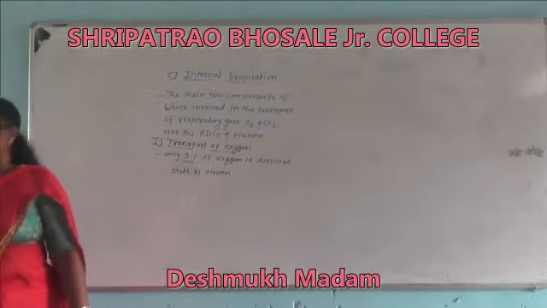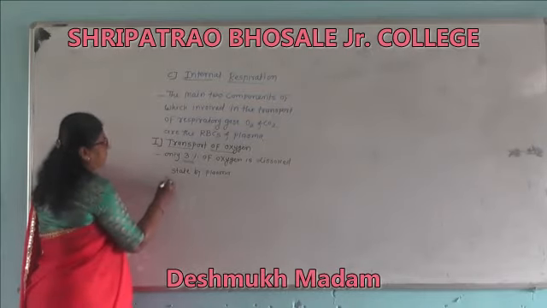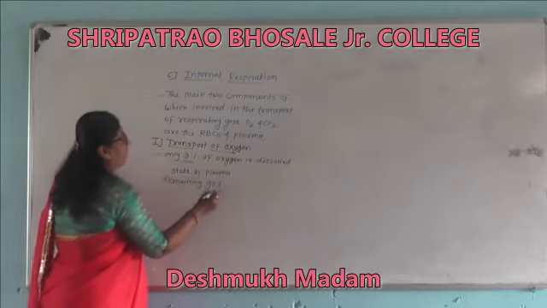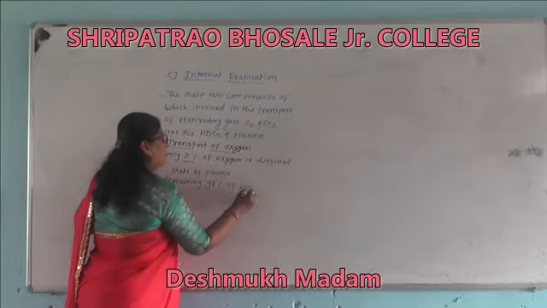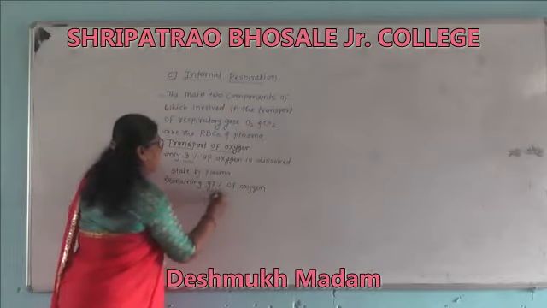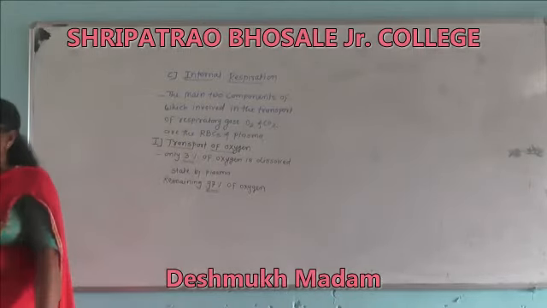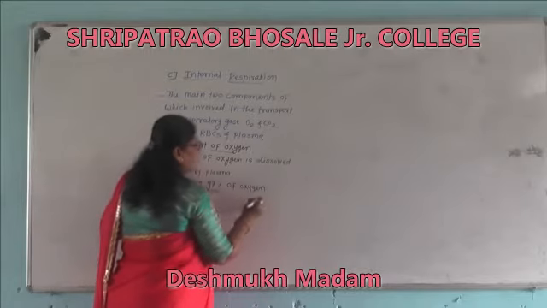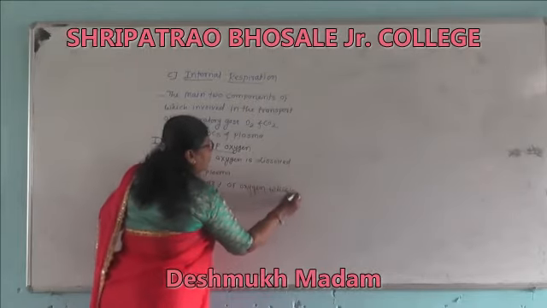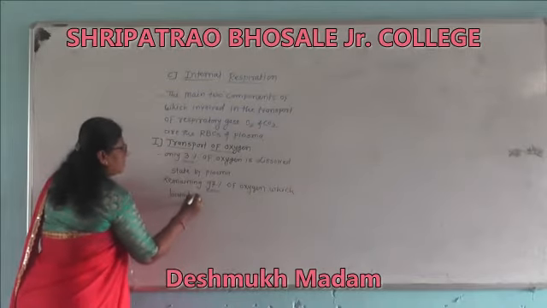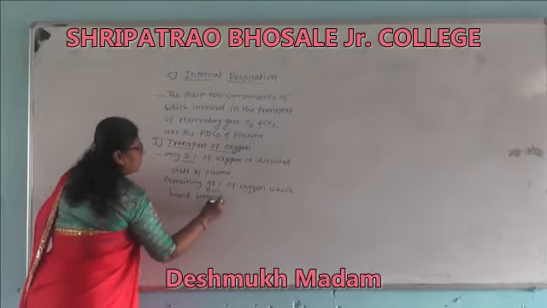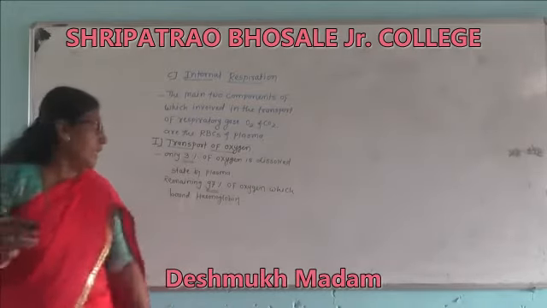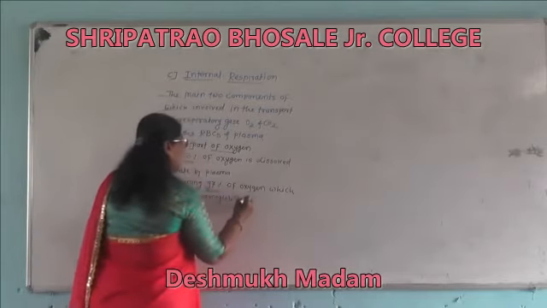Then the remaining 97% of oxygen is bound to hemoglobin, which is present in the RBCs.